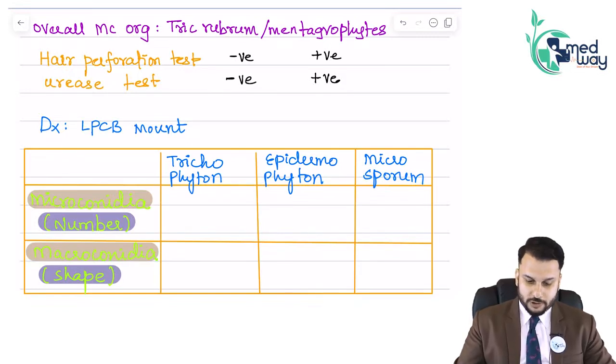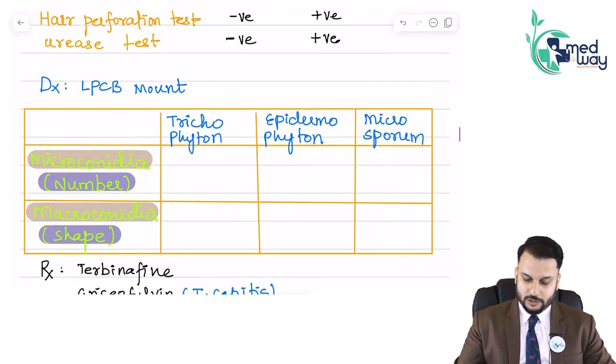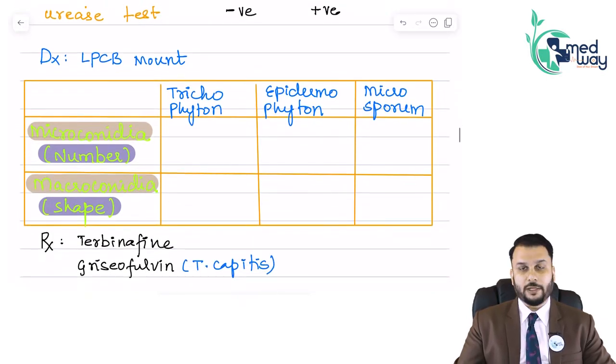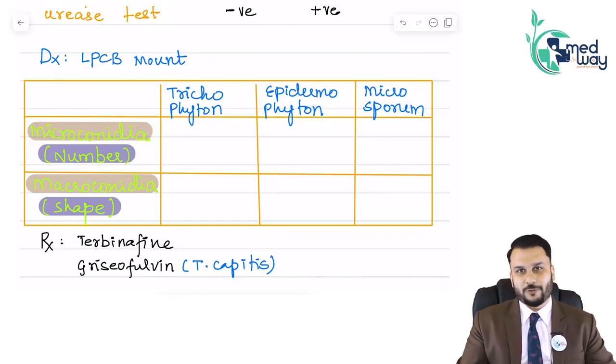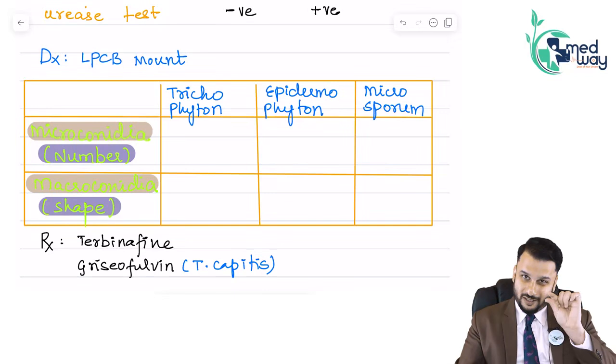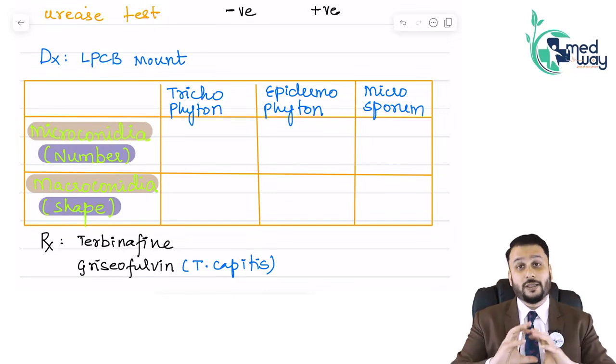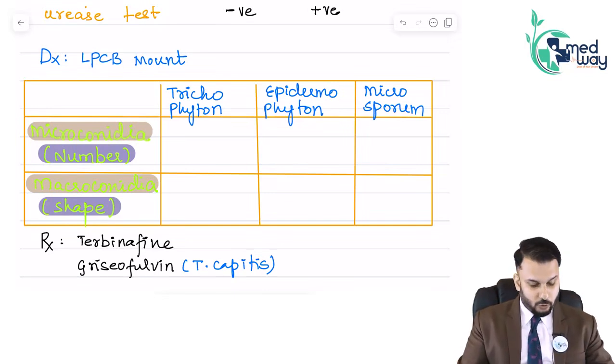There are two structures I'm going to talk about here. One is called microconidia. Micro means something very small, so instead of looking at their shape because it's difficult, we look at their numbers. And macroconidia, macro means big. So this is where we are going to look at their shapes.